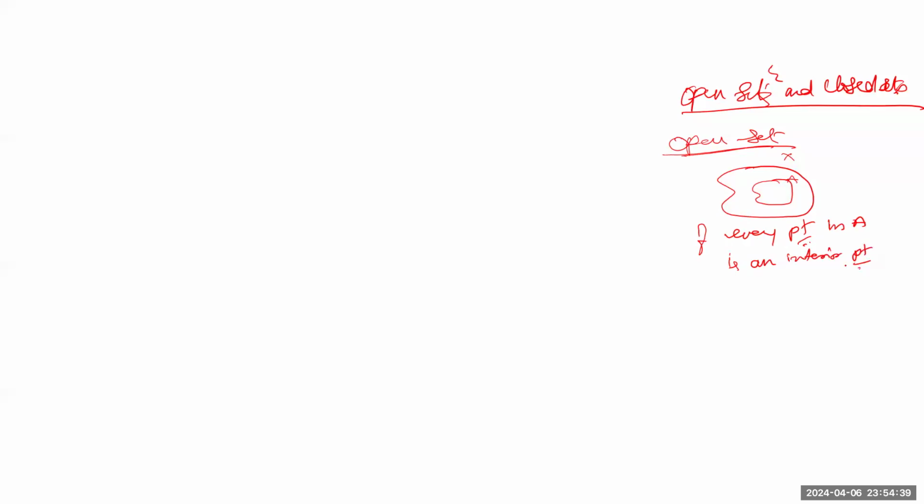So what does that mean? Suppose x belongs to A, and x is said to be an interior point if there exists r greater than 0 such that the open ball with center x and radius r is a subset of A. So that is called an interior point.